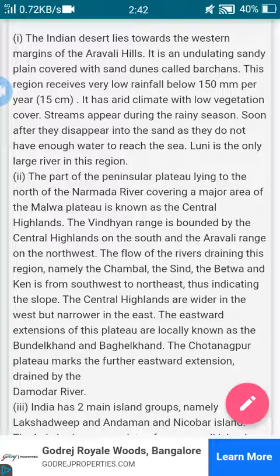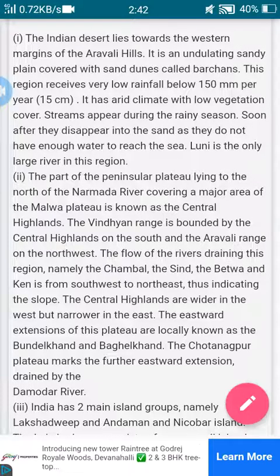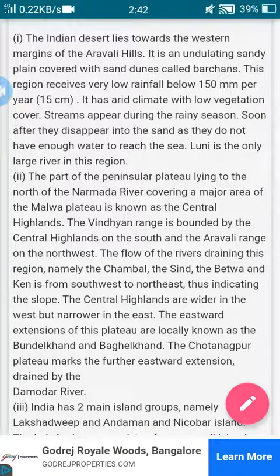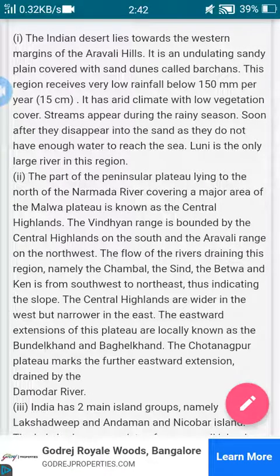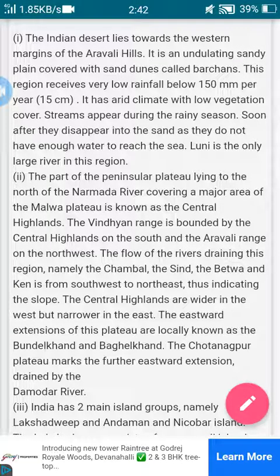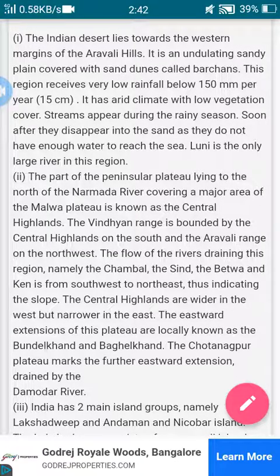Soon after, they disappear into the sand as they do not have enough water to reach the sea. Luni is the only large river in this region.